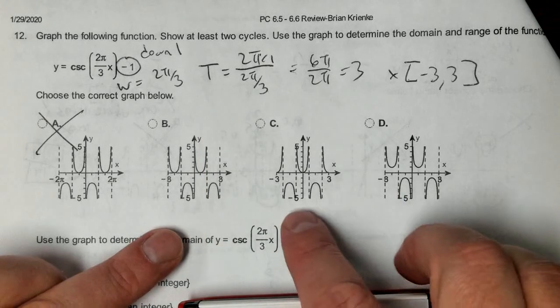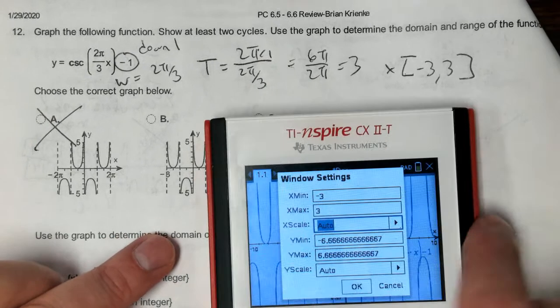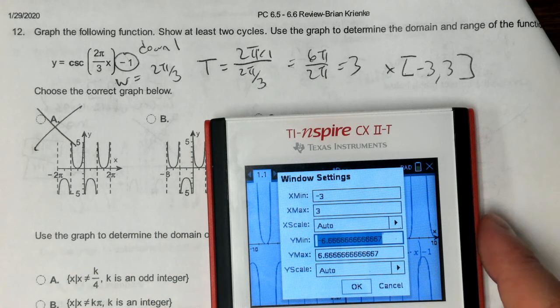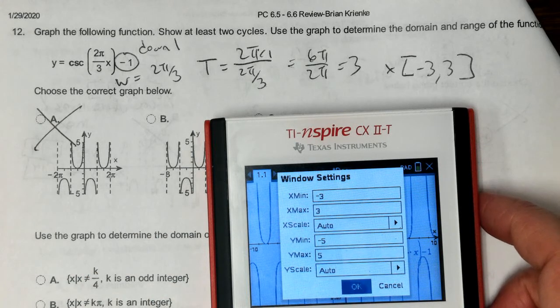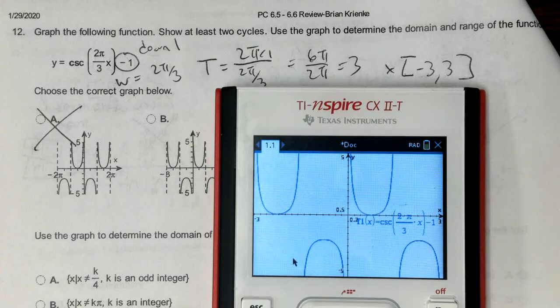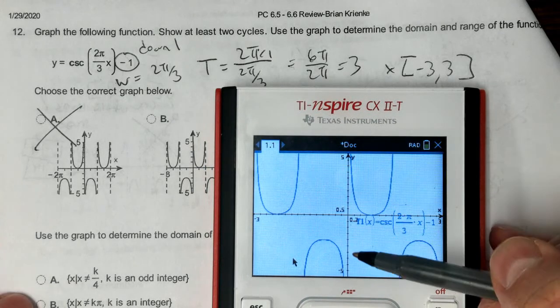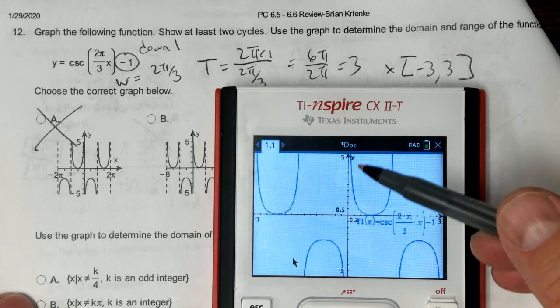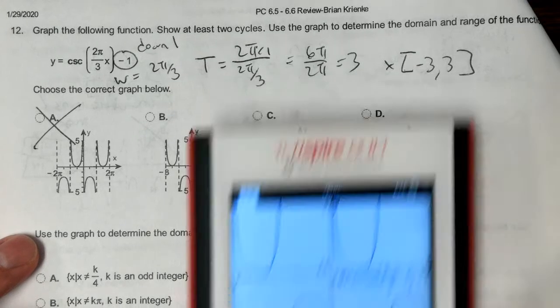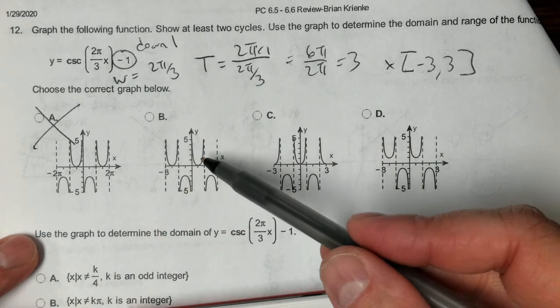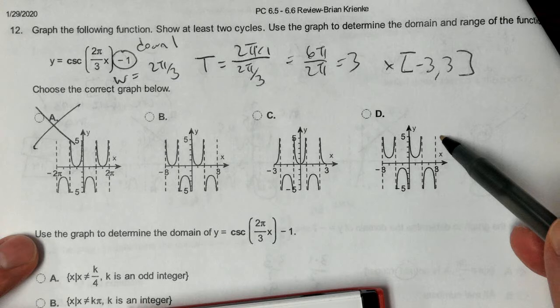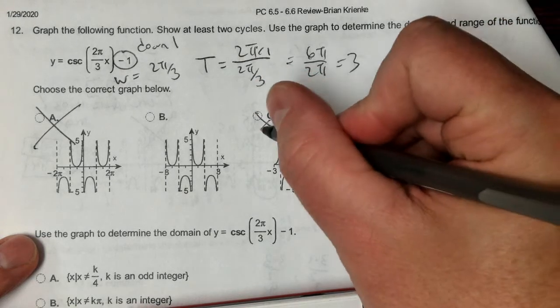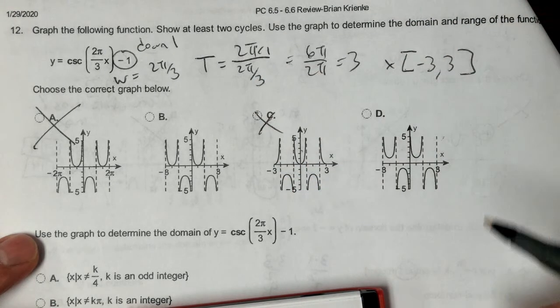And the y's are -5 to 5. Okay, so to the right of the y-axis, it's up, basically, which is this one, and also this one, so it's not this, because that's symmetric.